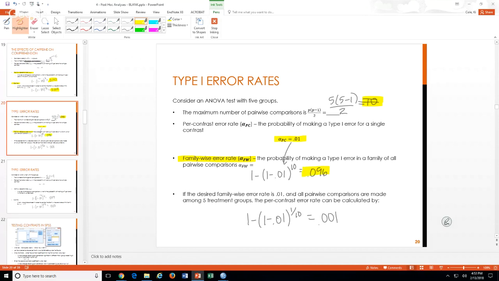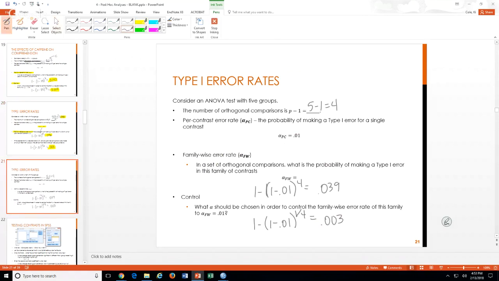Yeah, it is right. Because we're doing each of them at a smaller alpha. So overall, there would be about a 9.6% error rate, but that's still too high, especially when globally we're trying to maintain 0.01. So we should do each of those at 0.001.